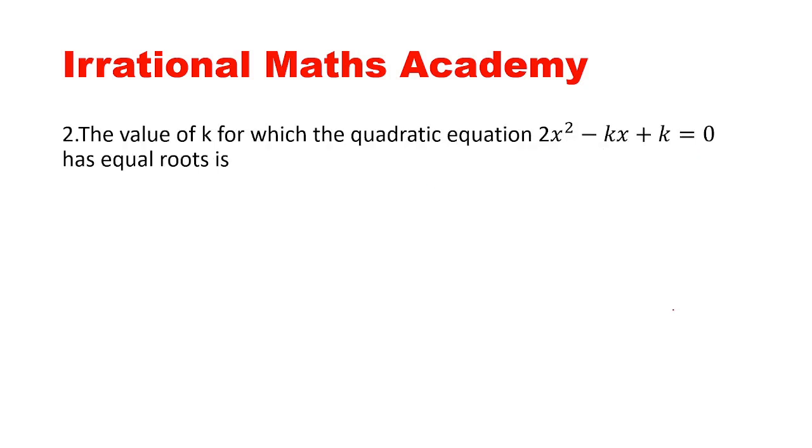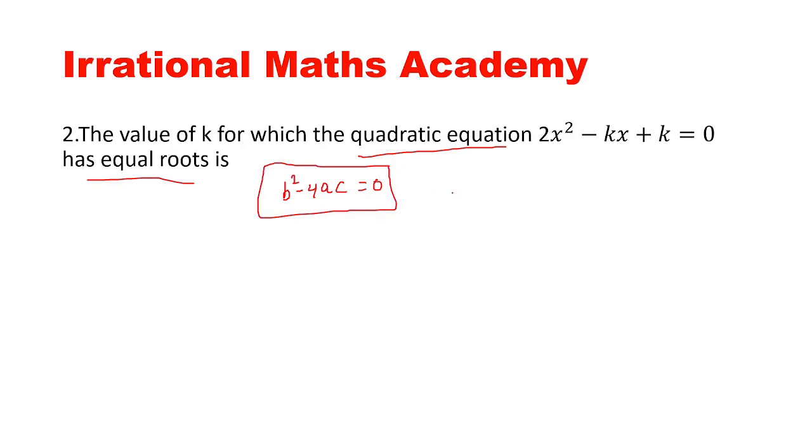Next. Find the value of k for which the quadratic equation has equal roots. Whenever you see a quadratic equation that has equal roots, remember this formula, b square minus 4ac equal to 0. Is this clear?